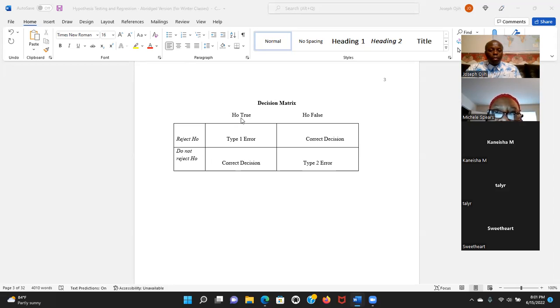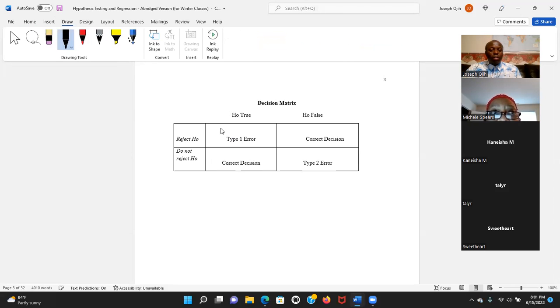If it is true and we rejected it, we have committed what is called type 1 error. See? Type 1 error. Because it is true, but we rejected it. Now, if it is false and we rejected it, we have made a correct decision. Okay?